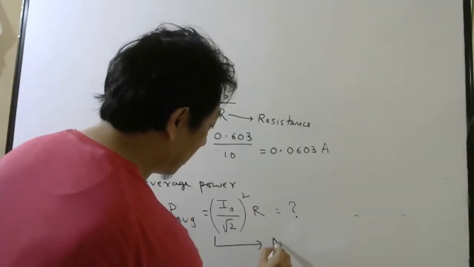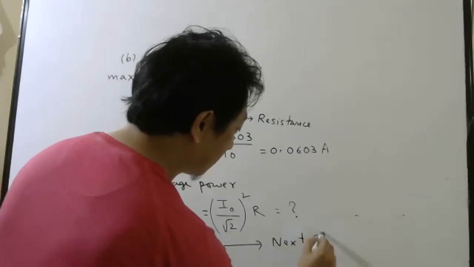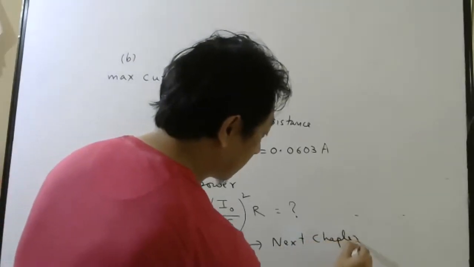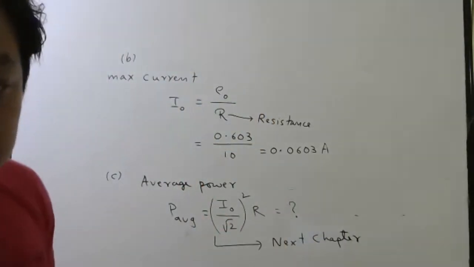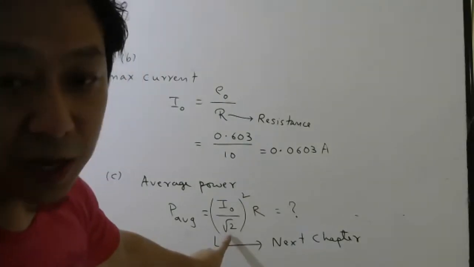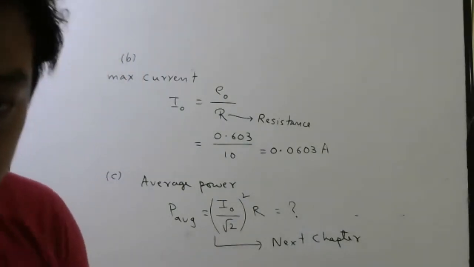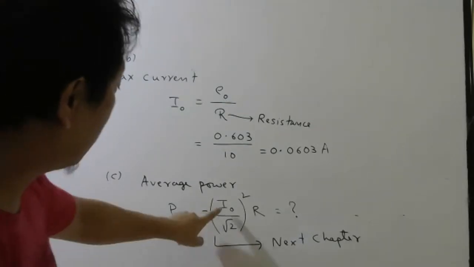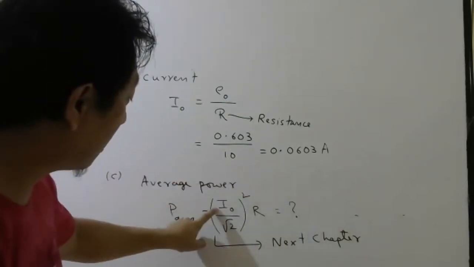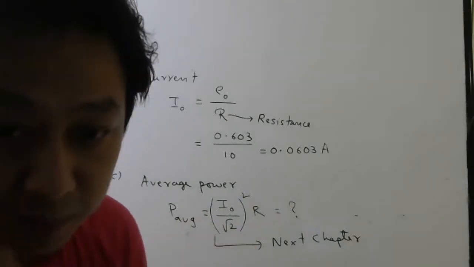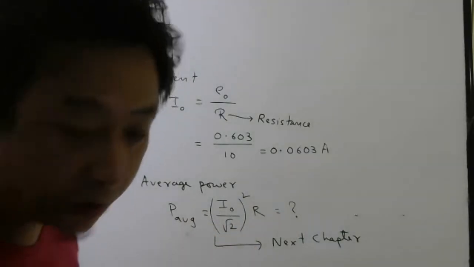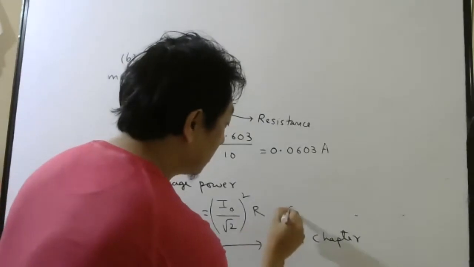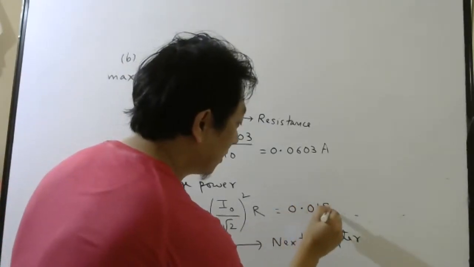This will be done in next chapter. Next chapter you will understand why this √2 is coming here. I0 value you know, right? Substitute here, divide by √2, multiply by R. Super. 0.018.